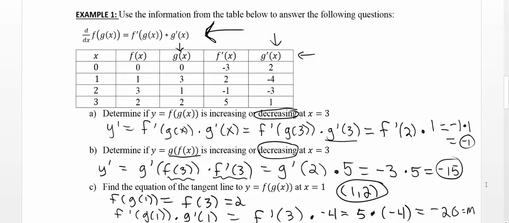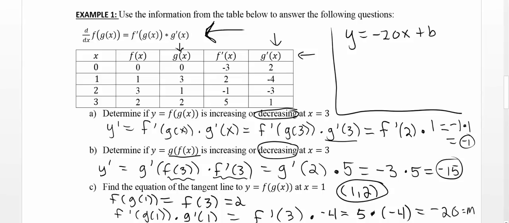But remember, that's the slope of your line. So now I need to put this all together to find the equation of my line. So I'm going to come up here in this box on the right. So far, I have y equals negative 20x plus b. I'm going to plug in my point, (1, 2). So when x is 1, y is 2.